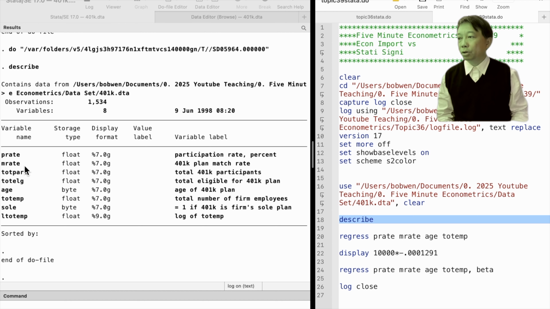It shows how much the firm contributes to an employee's plan for every dollar the employee contributes. Another explanatory variable, age, is the age of the 401(k) plan. The third explanatory variable is the size of the firm, measured by the number of its total employees.